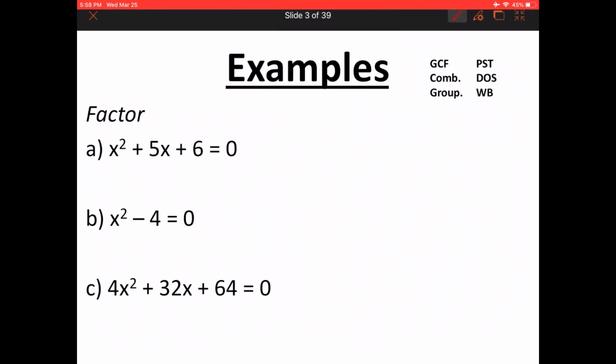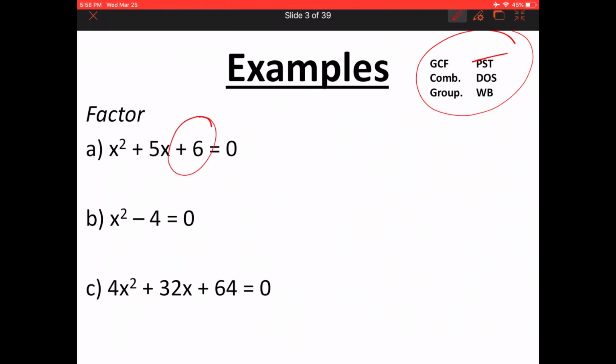So let's go ahead and use those methods of factoring to actually factor. Here at the top, we see my 6 methods, and you always want to use the process of elimination to decide which method we're using. For example, in example A, we know that it's not going to be a perfect square trinomial. Why not? Because my 6 is not a perfect square.